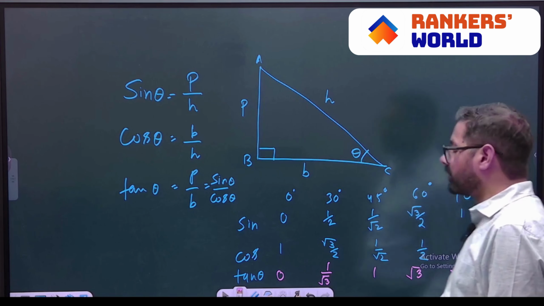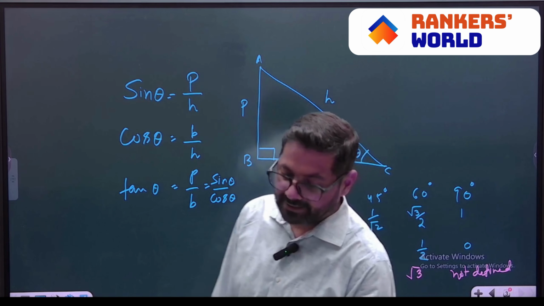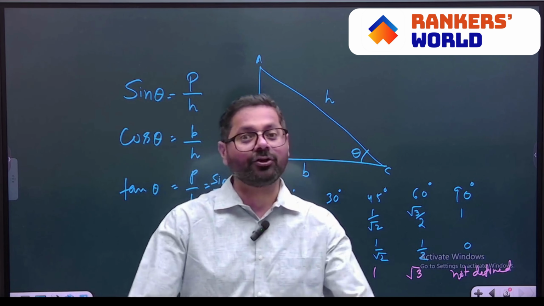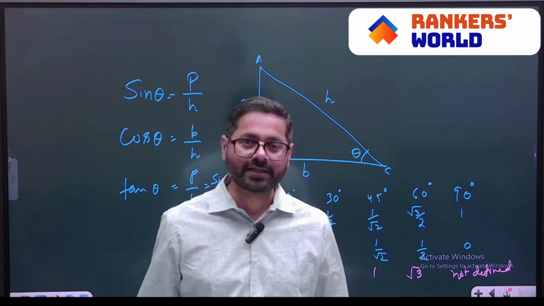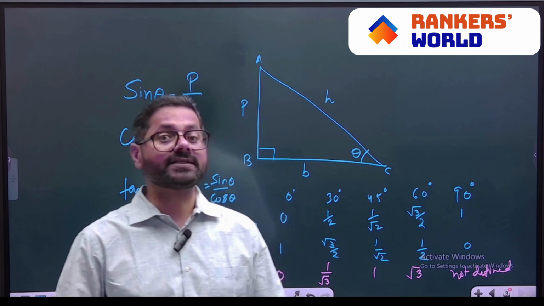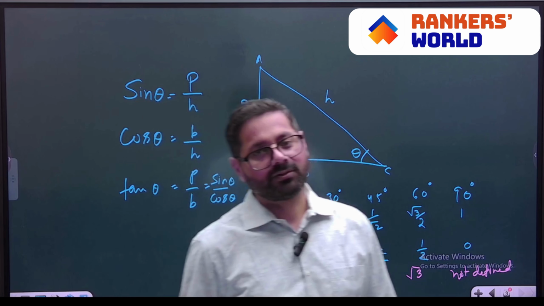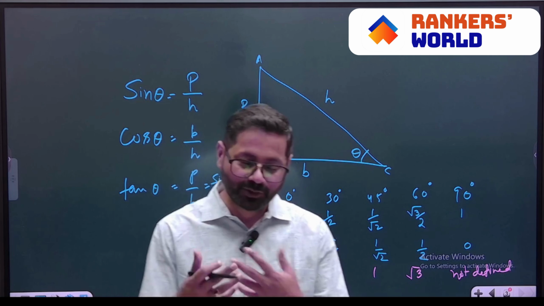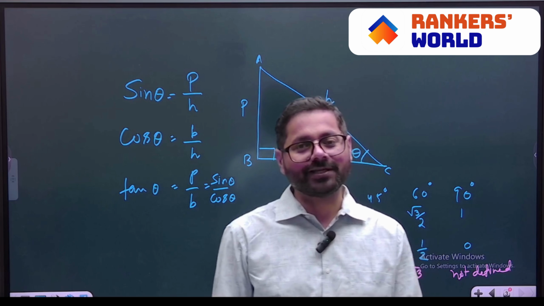Why not defined? Because 1 by 0 will give infinite, and whenever we divide any number by 0, that is called not defined. We don't know what the value is. Somebody says, sir, it is infinity. But what is that infinity? What I am thinking as infinity and what you think as infinity could be different.